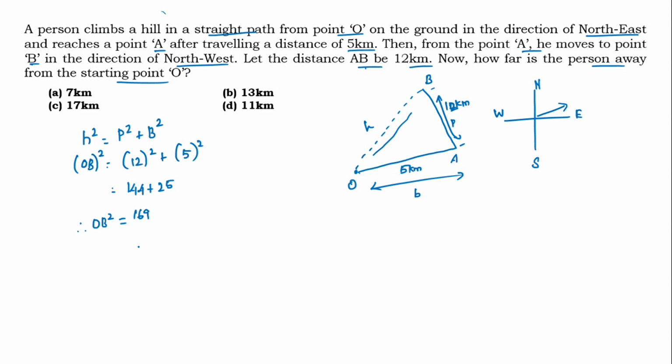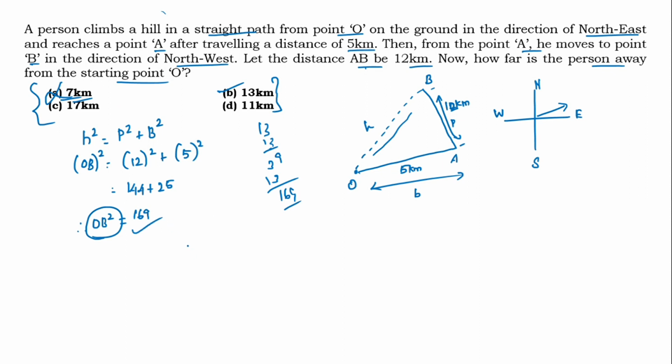Now what you have to do, find the value for OB square. You have to find the value from the options here. Which of these numbers square is equal to 169? So 7 7s are 49, this is the wrong answer. 13 13s are, I think this is the right answer. 13 13s are 169, yes.